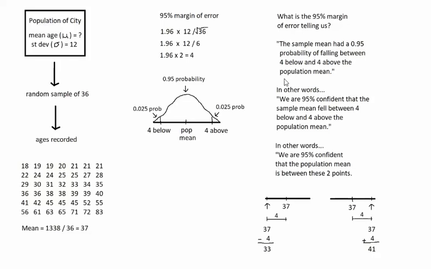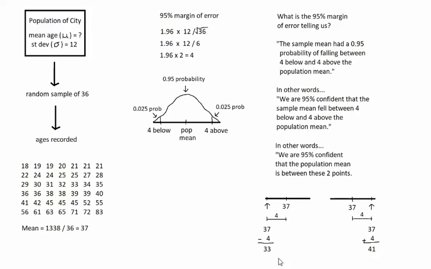So basically, if we're saying that we're 95% confident that the sample mean is somewhere between 4 below and 4 above the population mean, and we know that the sample mean is 37, then that's really just another way of saying that we're 95% confident that the population mean is somewhere between 33 and 41. That's saying the exact same thing.